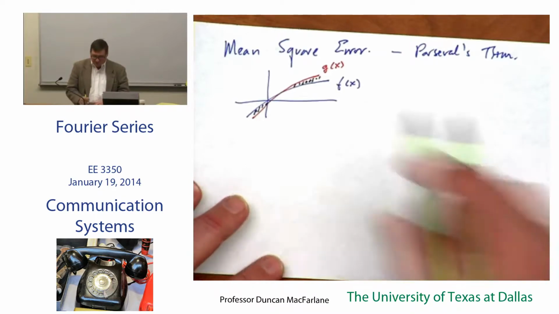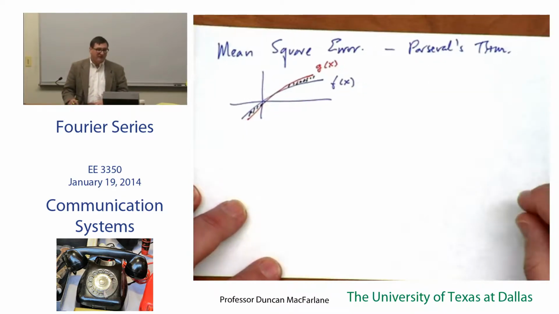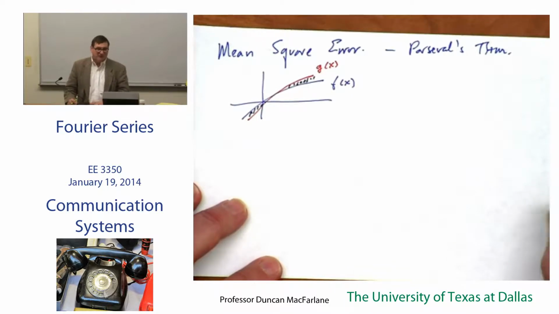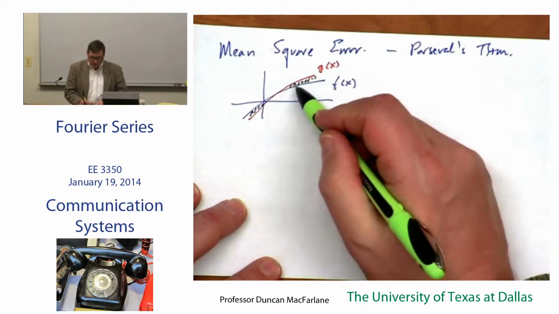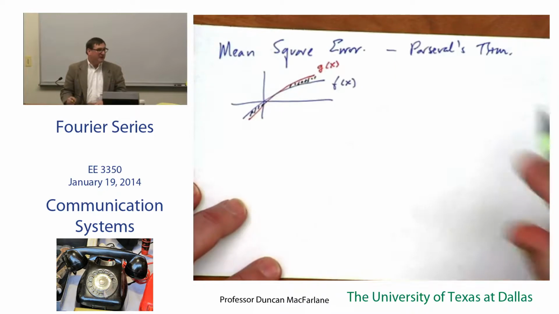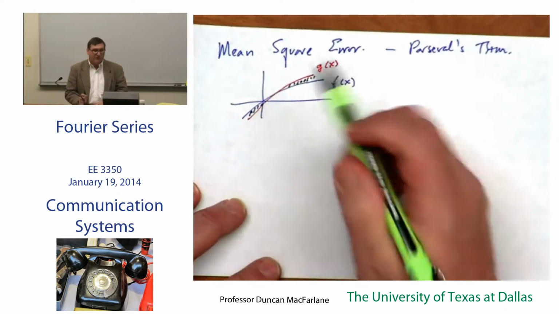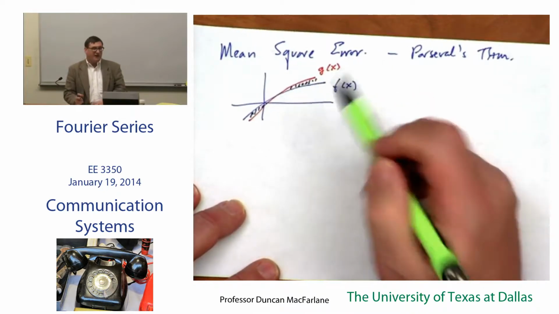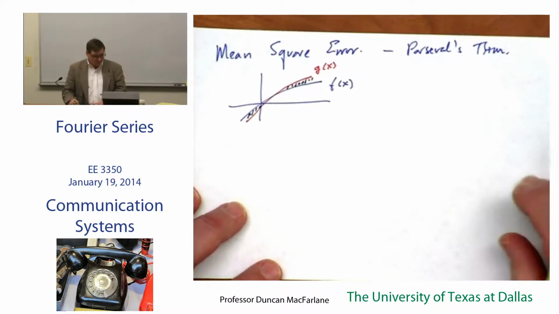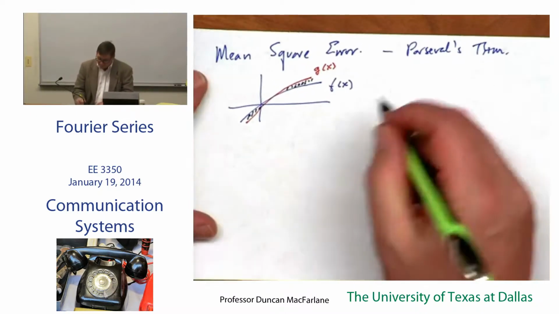So the answer is to look at the energy of the error. So you square this part here, and you square this part here, and then all of a sudden the fact that the red line is lower than the blue line here, and the red line is higher than the blue line here doesn't matter. So you look at the energy.